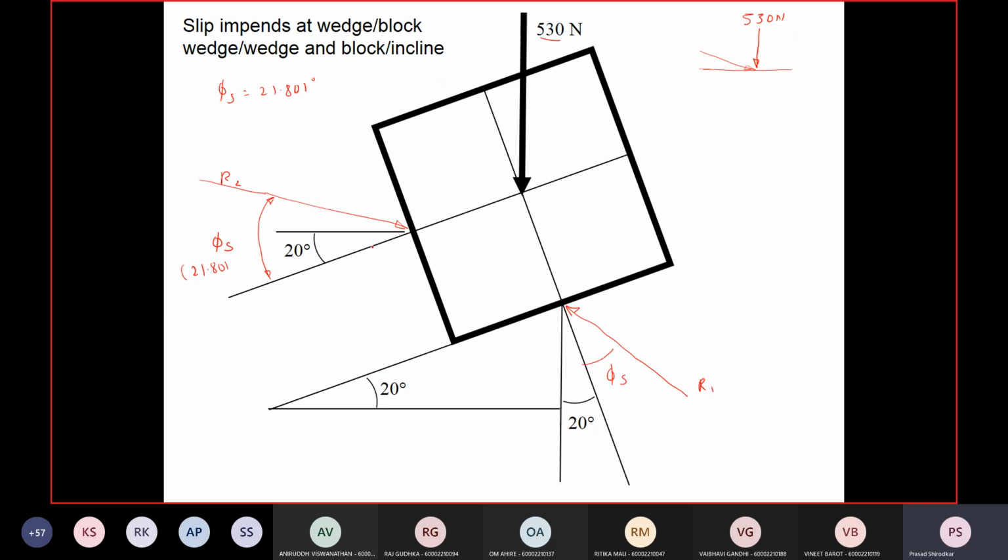So R2 will make an angle of this plus 90 plus this total angle.